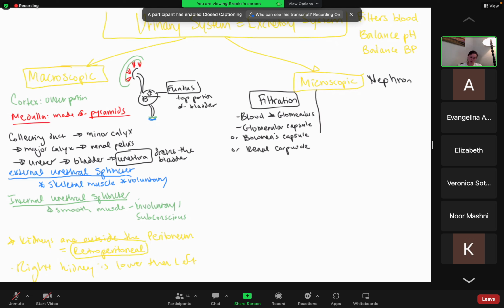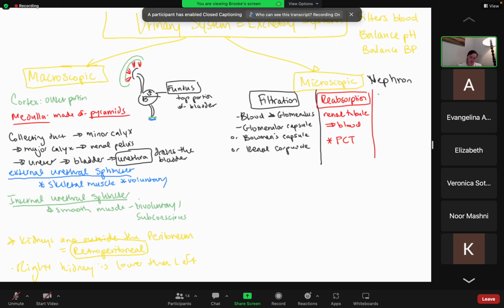So that's one part of the nephron function. Then we have reabsorption. Reabsorption is taking back and reclaiming kind of what too much was filtered. So this is going to connect from the renal tubule to the blood. And the majority of reabsorption is occurring in the proximal convoluted tubule.